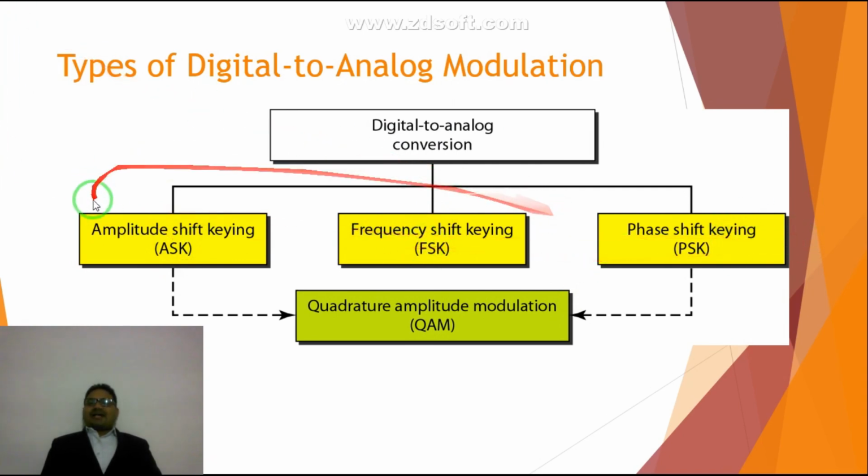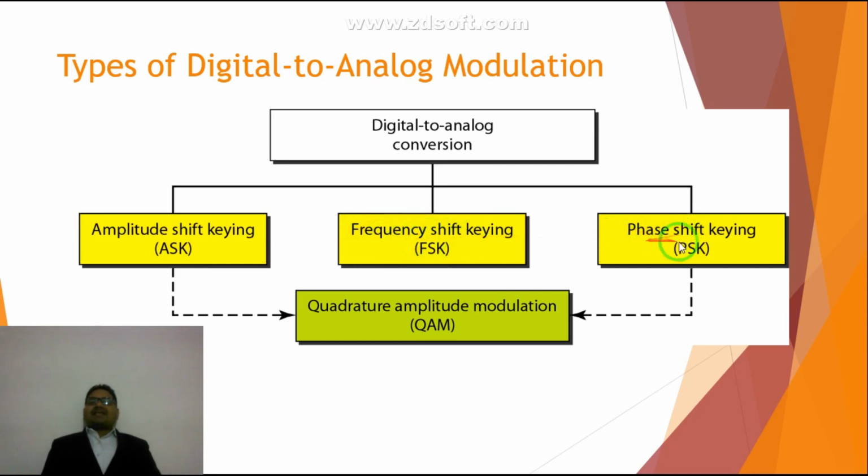So basically, guys, ASK is analogous to the amplitude modulation that we have studied, FSK is analogous to FM modulation, and PSK is analogous to PM, phase modulation. In ASK, amplitude is going to change, keeping frequency and phase constant. In FSK, amplitude and phase are constant, frequency is going to change.